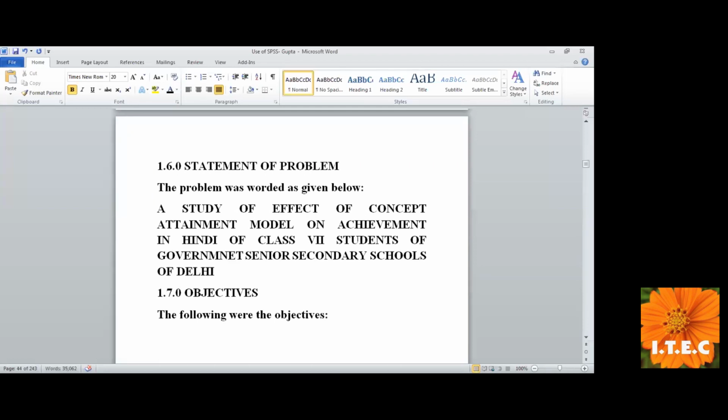And now here you have to write the objectives. It all depends upon what type of objectives you have written.